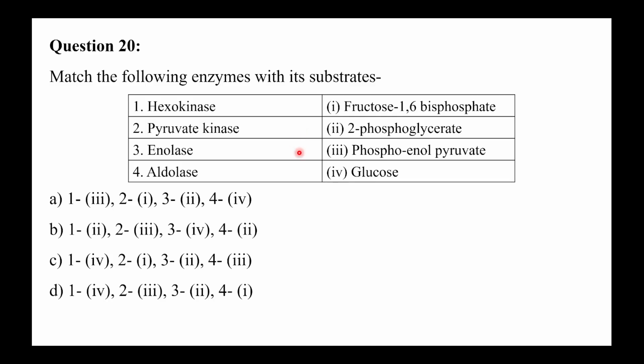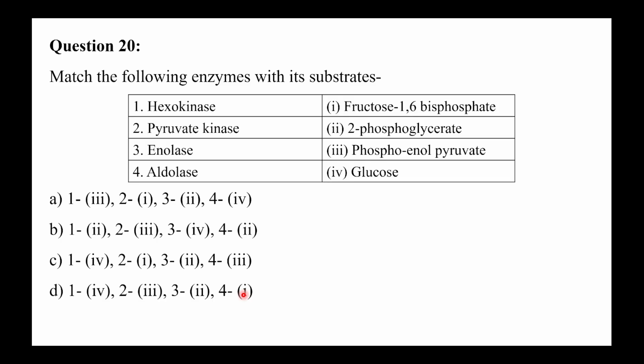Phosphoenol pyruvate gets converted into pyruvate by the enzyme pyruvate kinase. Pyruvate kinase takes up the phosphate from this phosphoenol pyruvate and gives it to ADP to form ATP, and we get the product pyruvate. Then enolase, substrate for enolase is 2 phosphoglycerate. So 2 will be 3 and 3 will be 2. Okay, so option D is the correct answer.